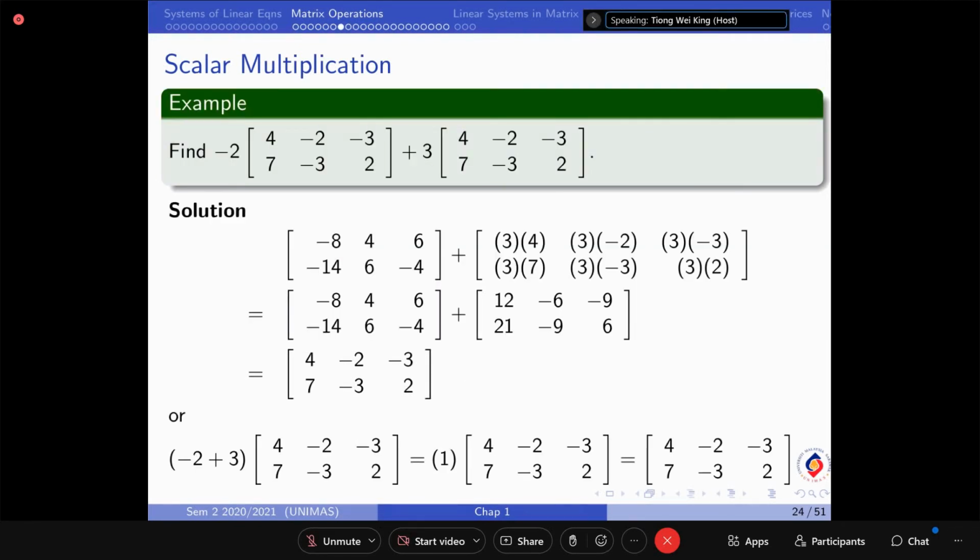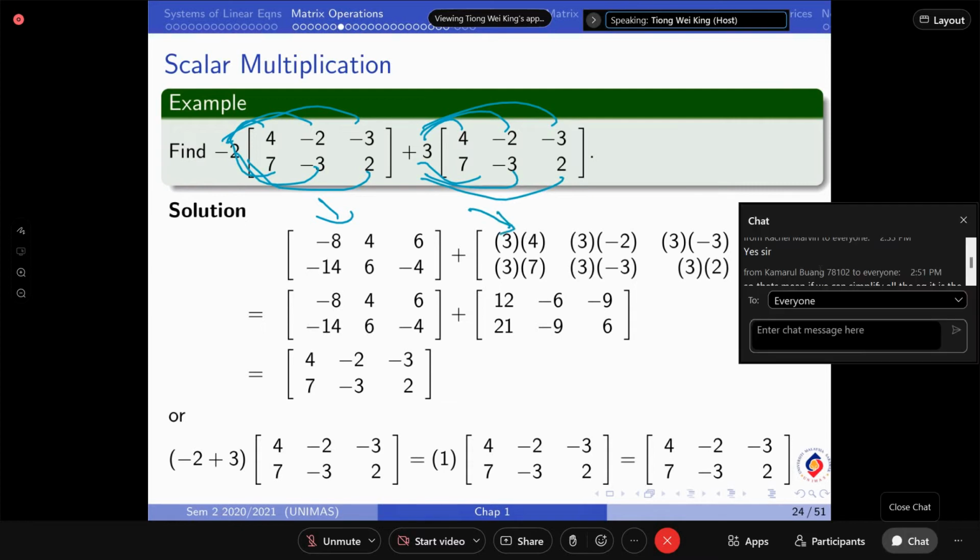For this example, there are two ways. The first way is you multiply everything first, then you get this, and then you multiply this and get the second one, and then you do addition and you get the answer.